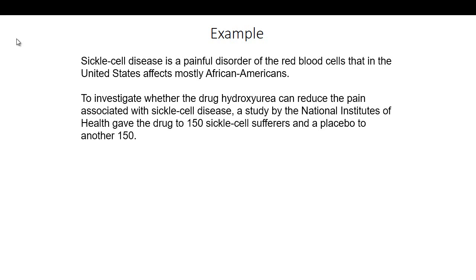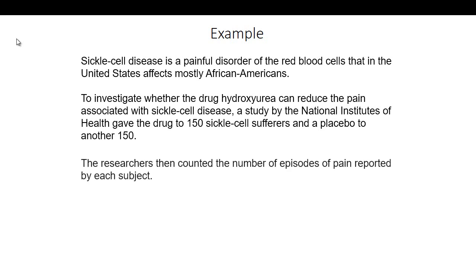A placebo is given to make sure that the response that you see is actually due to the drug and not due to some sort of perceived belief of the patients. Again, I'm going to describe in detail what that is in a bit.